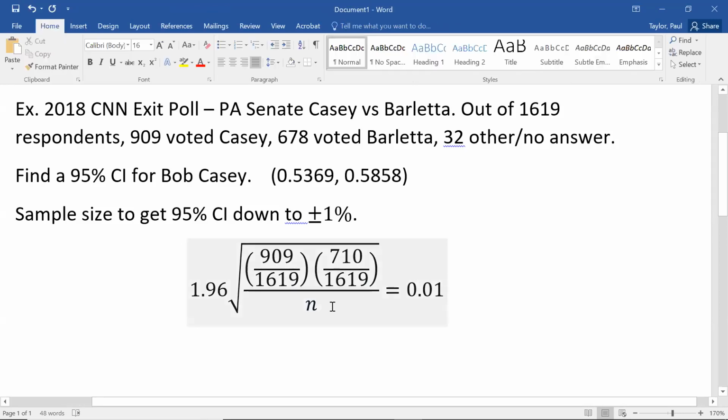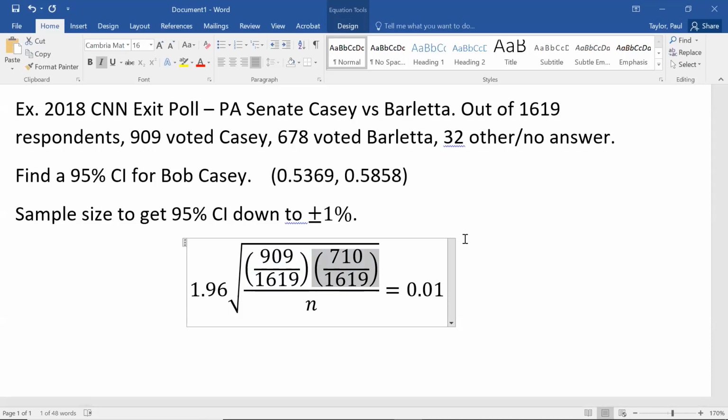Now, if we did poll a much bigger sample, the proportion that voted for Casey would surely change, possibly a lot, but at least a little. But I'm going to keep the numbers from the earlier question in for the p and the 1 minus p, because even if they change as you poll more people, they're not going to change a huge amount.